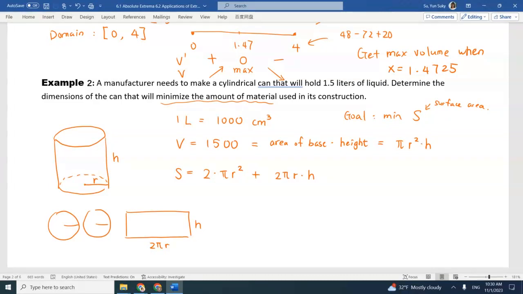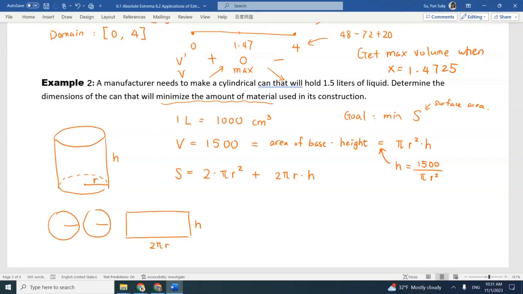So there are two different ways to solve this problem, but the easier way is to express h in terms of r. So h is 1500 over pi r squared. This is from this equation. So there is more than one relation. This is how we can reduce the number of variables.